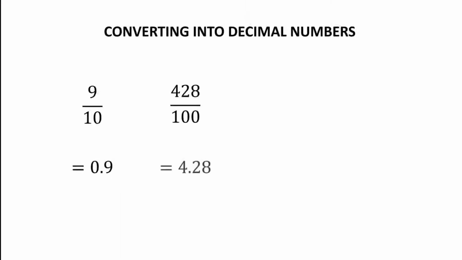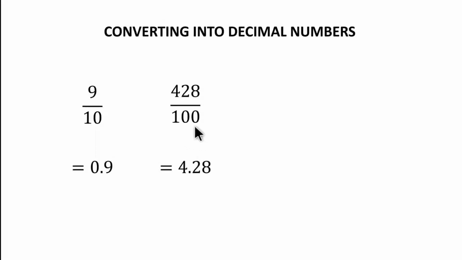Converting into decimal numbers. Like previously we have said, 9 by 10, converting it into a decimal number will be 0.9, because 10 means 1 zero. So in front of one digit there will be the decimal point, so 0.9. Similarly 428 by 100 becomes 4.28.